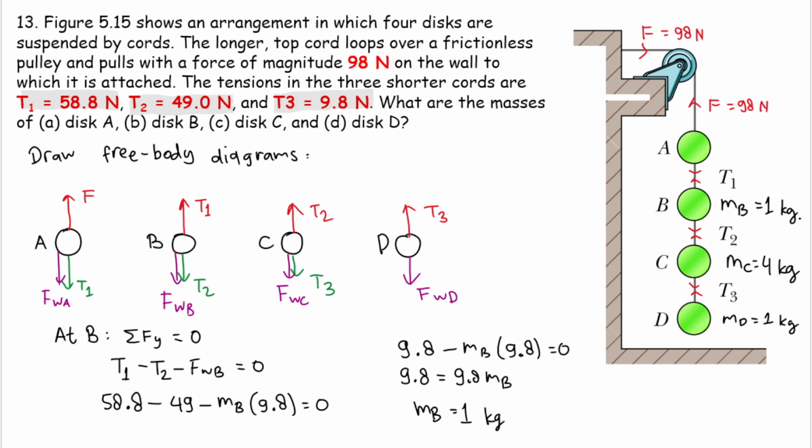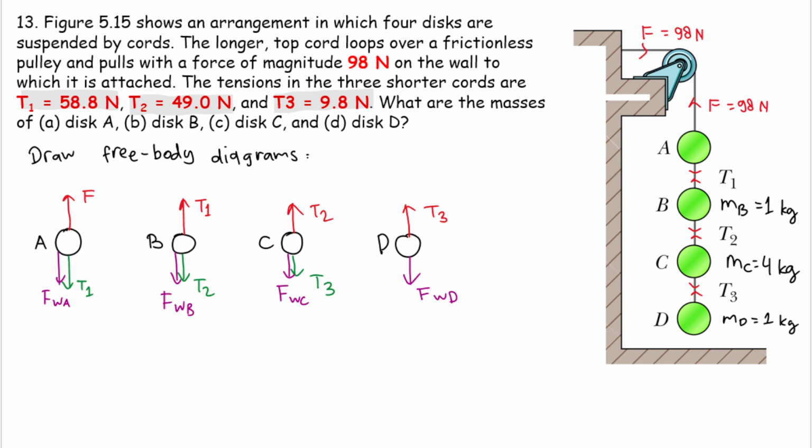Good. Now we can get the last one, which is to do analysis at A. Okay, let's clean this up. Now let's play the same game, but this time at A. The sum of the force in the y direction is equal to the mass multiplied by the acceleration. Because it is stationary, the acceleration will be 0.